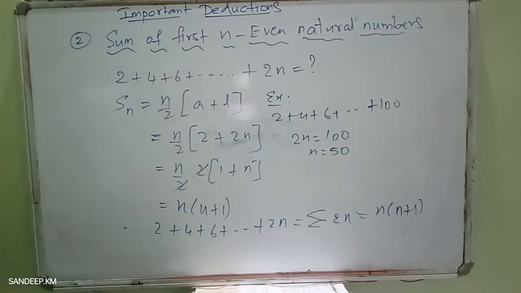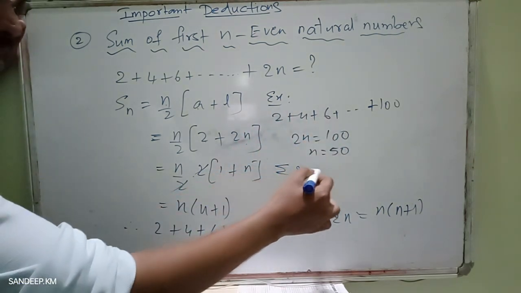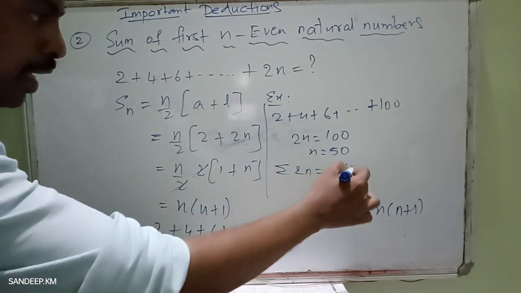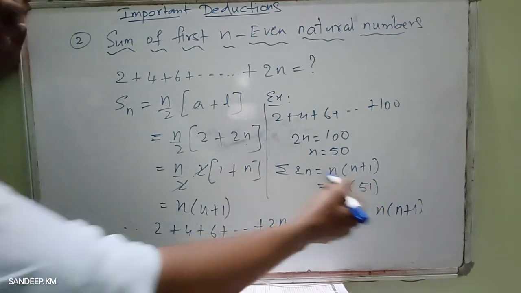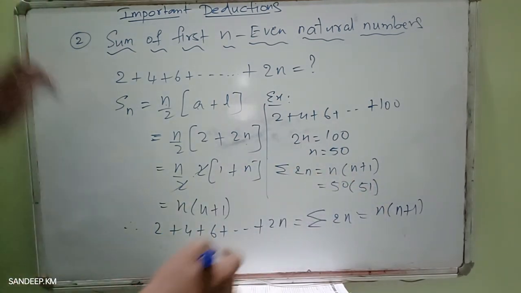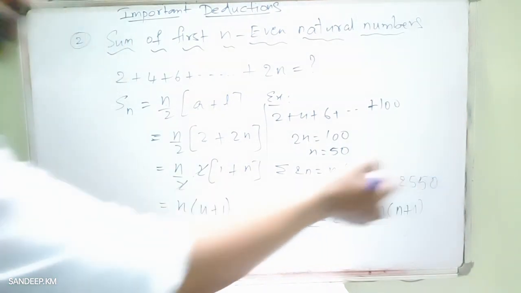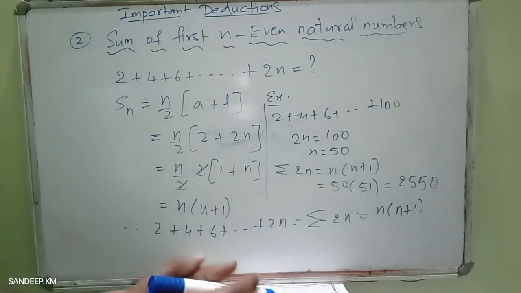I have added the first 50 even numbers. So what is the sum here? Sigma 2n, the sum of first 50 even natural numbers. The formula is n into n plus 1, that means 50 into 50 plus 1. So multiply it and you will get the answer as 2550. The sum of these first 50 even natural numbers is 2550.